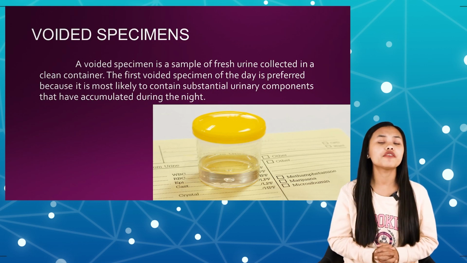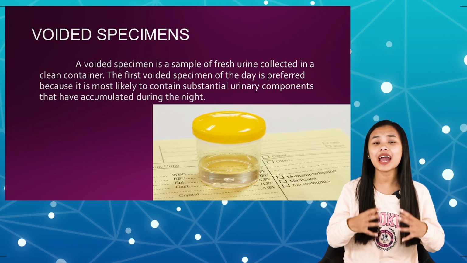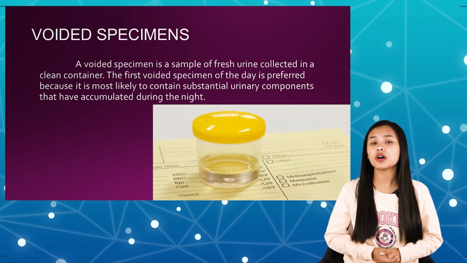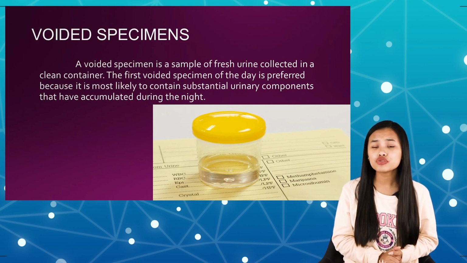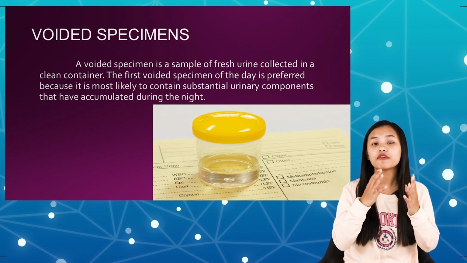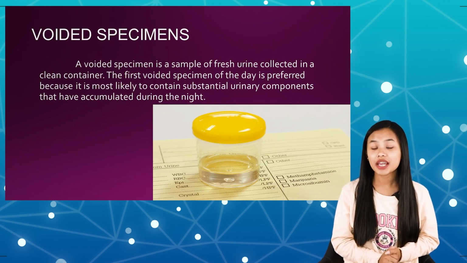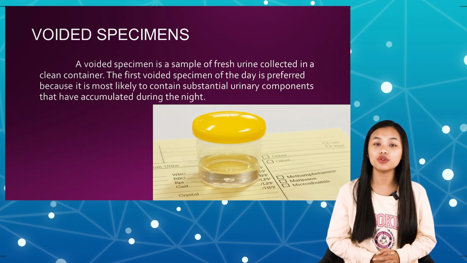So this is a fresh specimen which will be taken in a clean container. And when we say a voided specimen, it is advised that this must be taken as soon as a person wakes up from sleep, because it is believed that it most likely contains the substantial urinary components that have accumulated during the night.